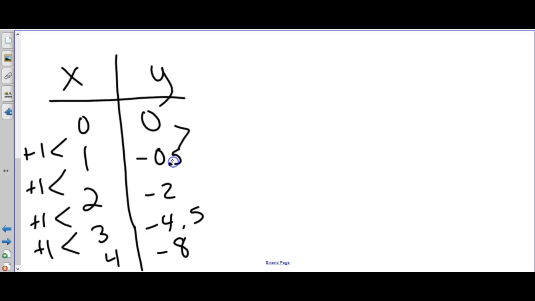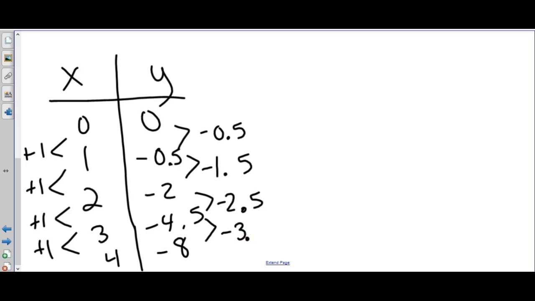So that's okay. We check on the right side. Sorry, this should have been negative 0.5. 0 to negative 0.5, I am minusing 0.5. Negative 0.5 to negative 2, I'm minusing 1.5. Negative 2 to negative 4.5, I'm minusing 2.5. And negative 4.5 to negative 8, I'm minusing 3.5.